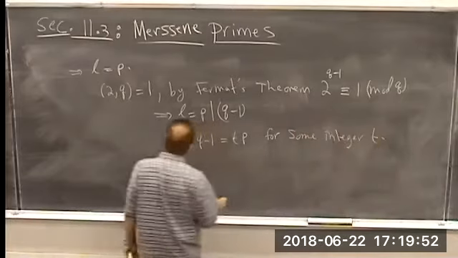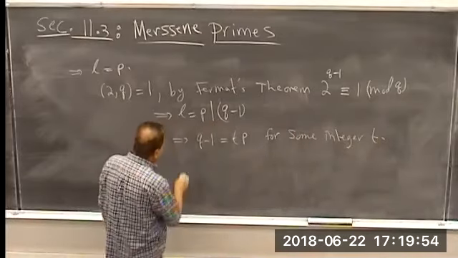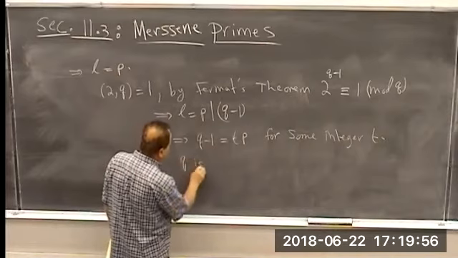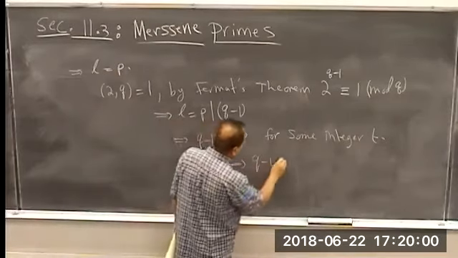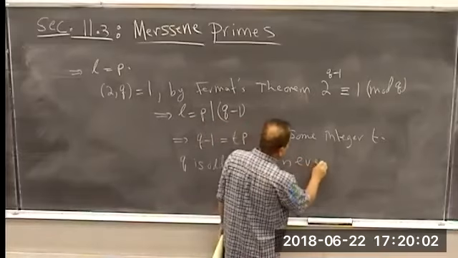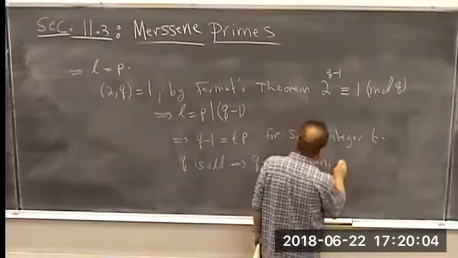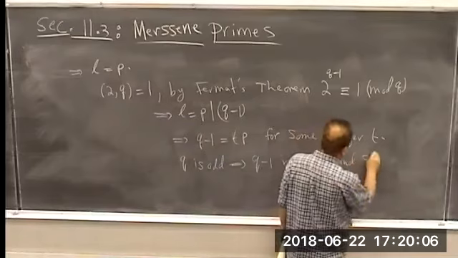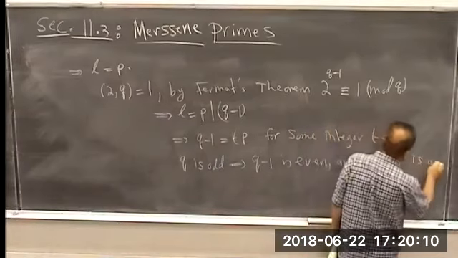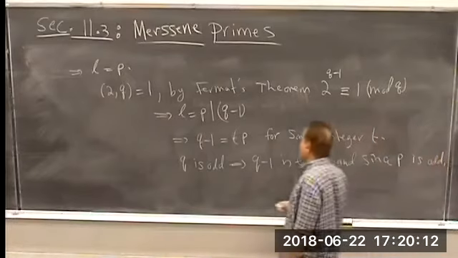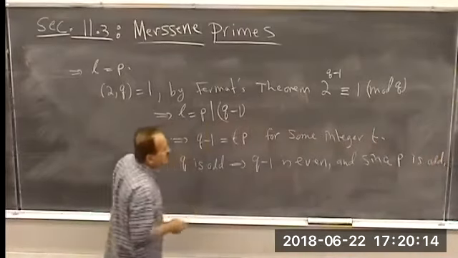So let's see this one. Now, if Q is odd, it implies Q minus 1 is even. And since P is odd, T must be even.